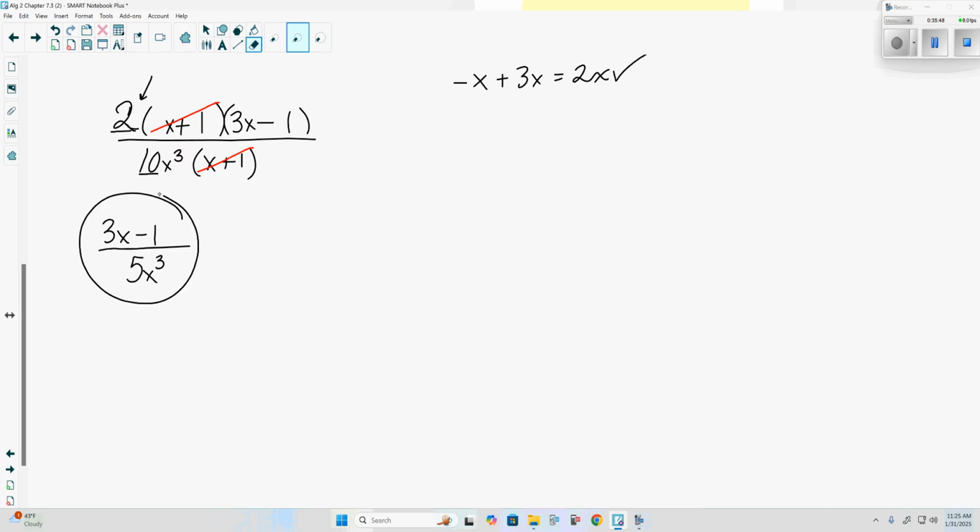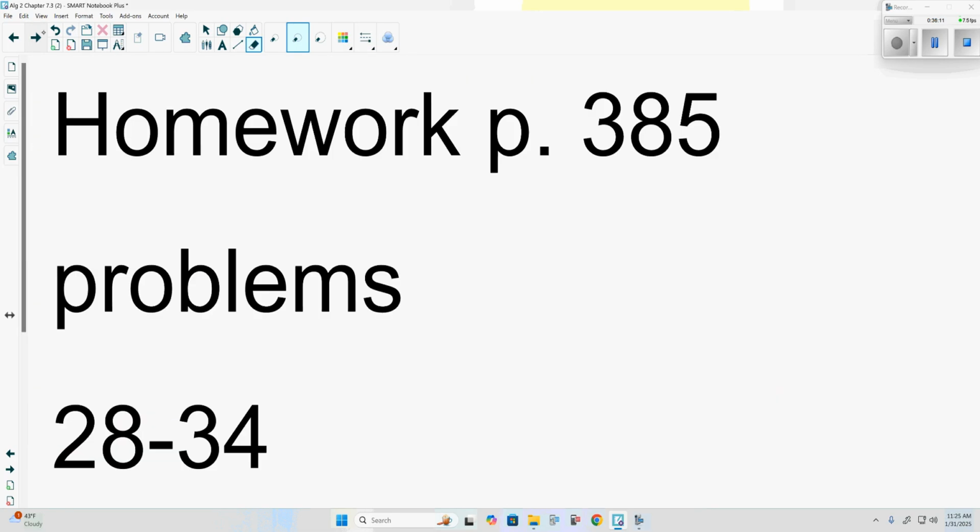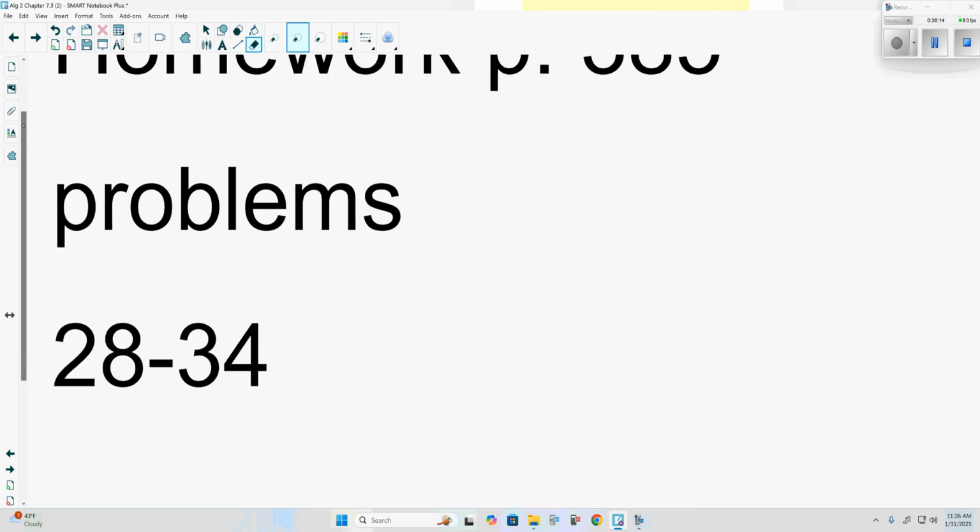So without factoring out the 2, I think you got to 2 over 5x cubed times 2x plus, and then those cancel and we get to the same spot. Yeah, both work. And that's it.